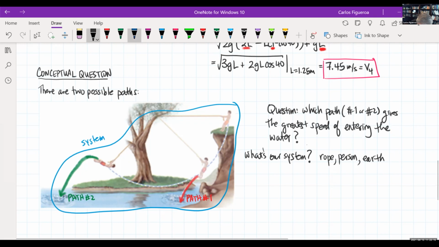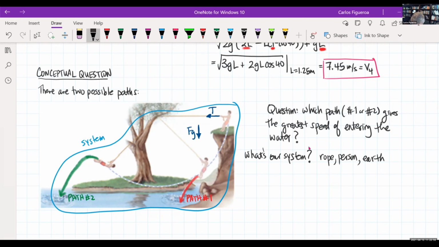Well, I know for a fact that this person has what? There is definitely a force of gravity acting on this person. And the other thing that's really important is there's a tension. So we're assuming that we're ignoring air resistance, so there are two forces acting on this person here.